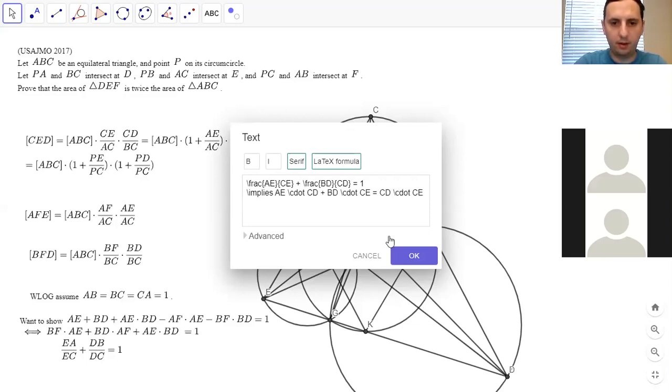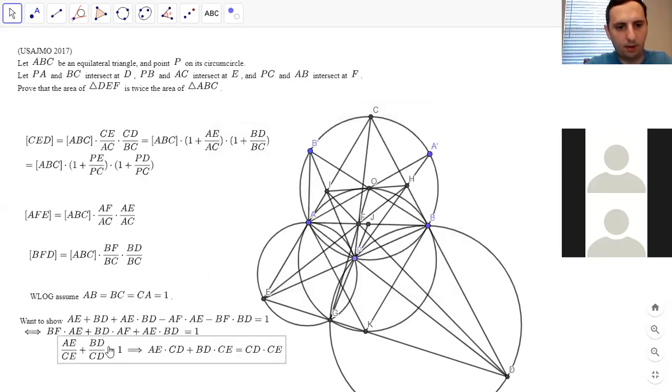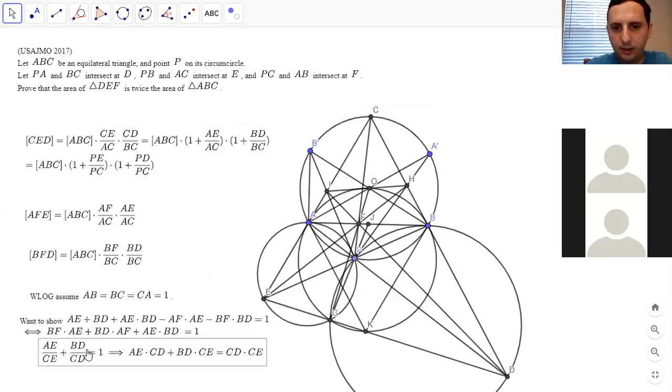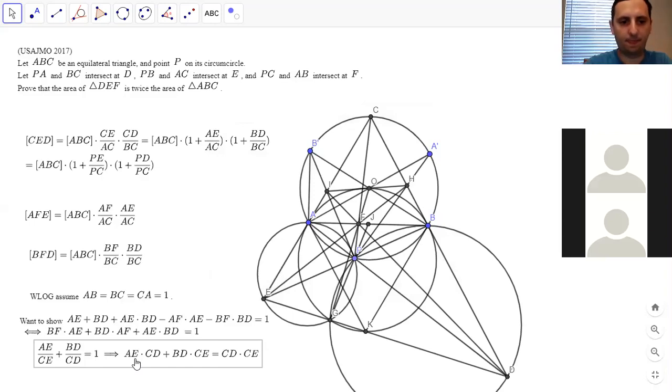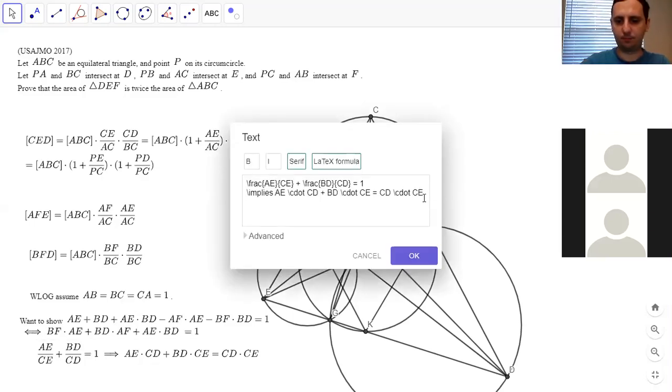And then CD is 1 plus BD, plus BD times 1 plus AE.